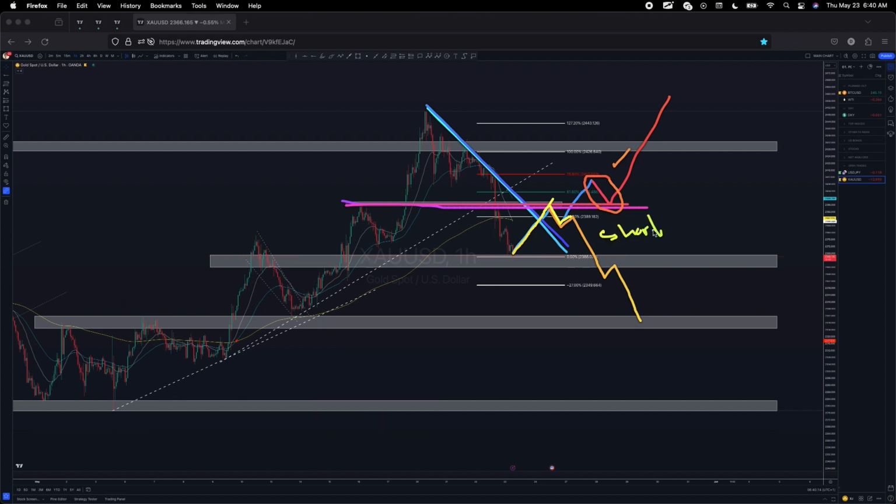But for my buy trade, I will look for a break above this key zone right here. If I see a break above it, followed by a pullback, I will look for a buy trade setup. I believe you all see what I'm trying to draw and play out here. So I think one of those things will happen today, for sure.